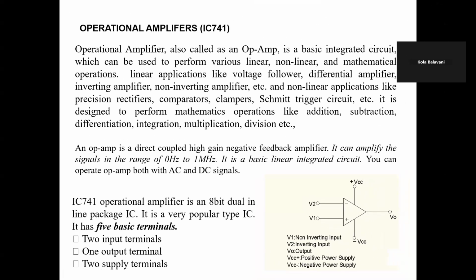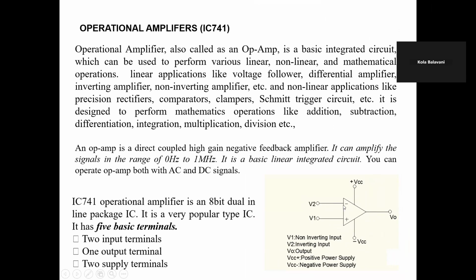In this, there are 2 input terminals, V1 and V2, 1 output terminal V0, and 2 supply voltages. One is the positive supply plus VCC and the other is the negative supply minus VCC. The input terminals also have fixed names.